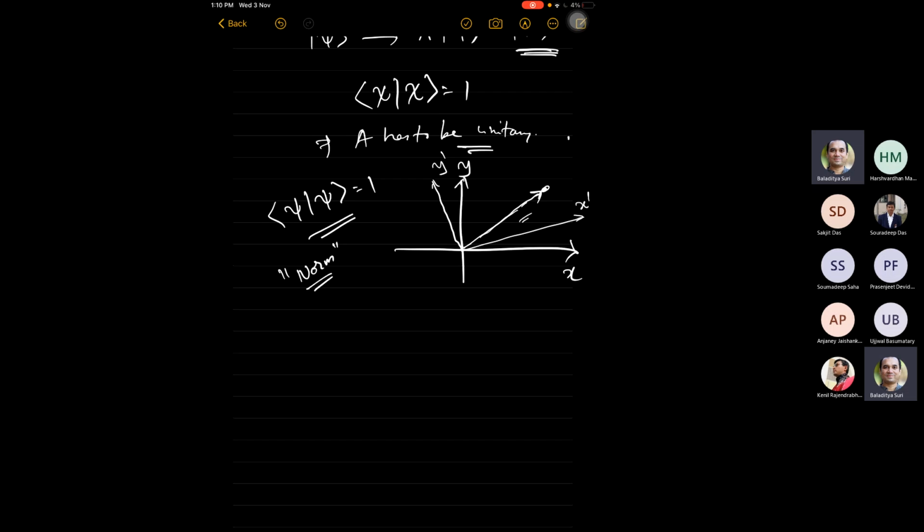So in real spaces, it's an orthogonal transformation. In complex spaces, it's a unitary transformation. So unitary is the complex extension of orthogonal transformation. That's all. Okay. So this is the idea.